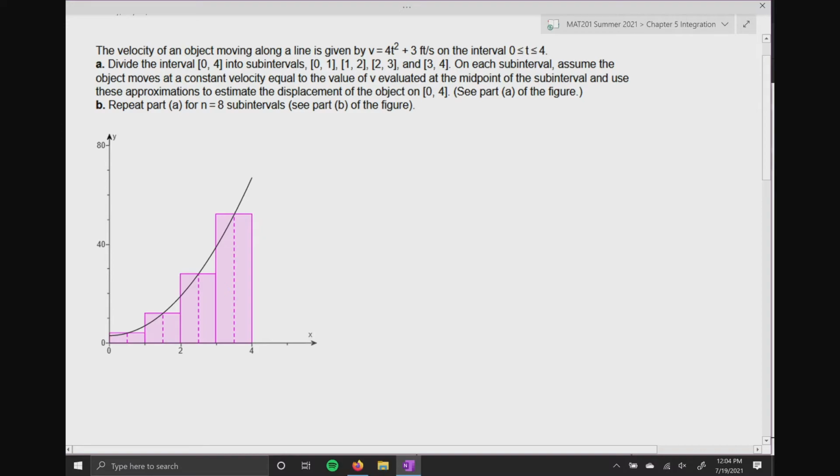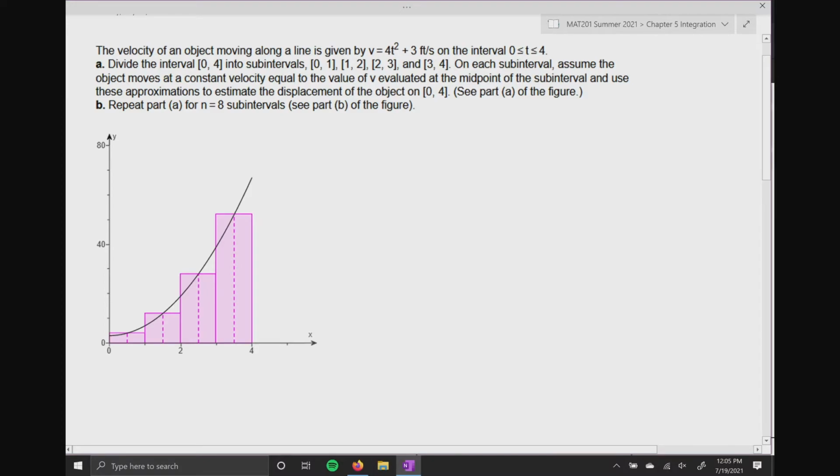The velocity of an object moving along a line is given by v equals t squared plus 3 feet per second on the closed interval from 0 to 4. Part A says, divide the interval from 0 to 4 into subintervals from 0 to 1, 1 to 2, 2 to 3, and 3 to 4.